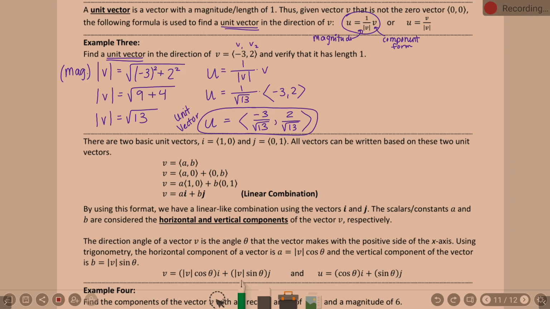Okay. We still have to finish this problem. I mean, I'm not stopping mid-problem here. Oh wait. What? Oh, verify it has length 1. Okay. Find a unit vector. Okay, check that off. And verify that it has length 1. How am I going to verify it has length 1?